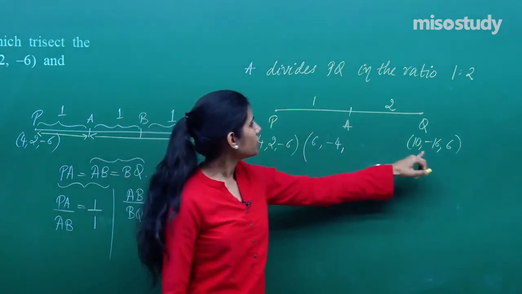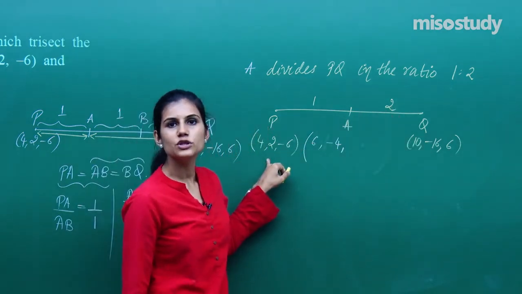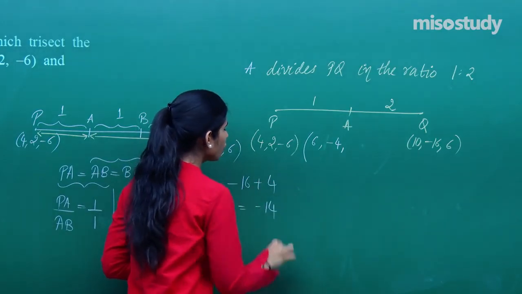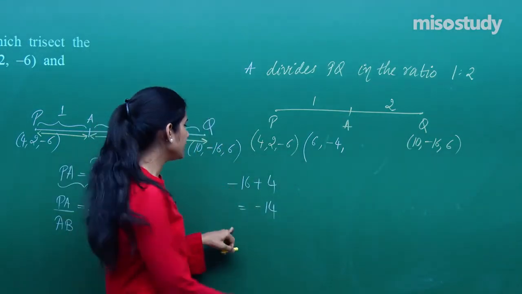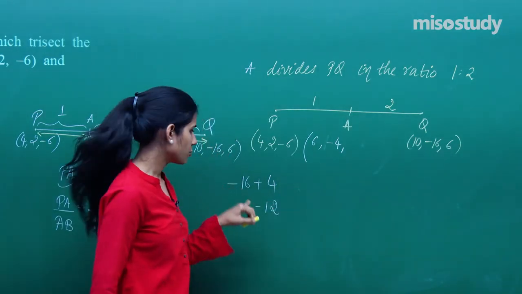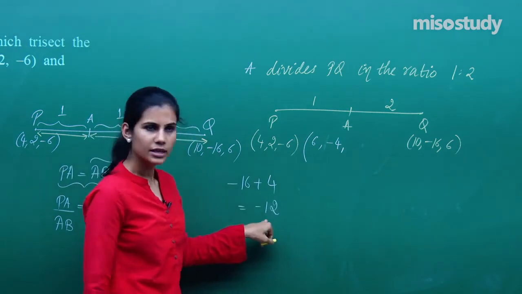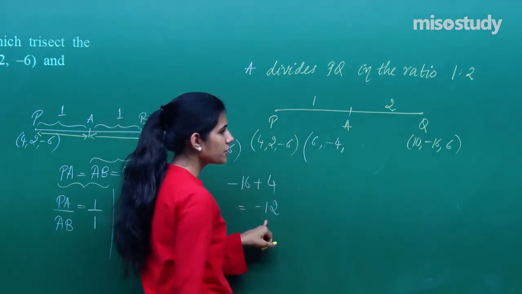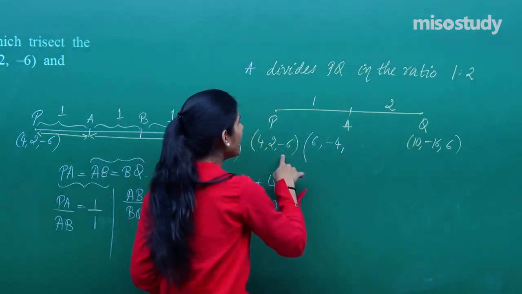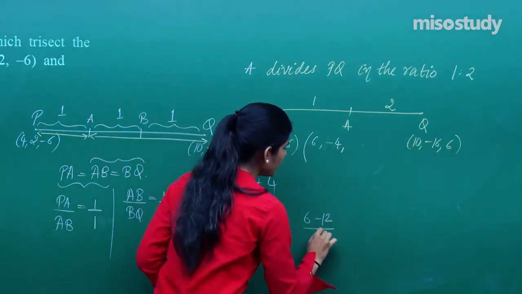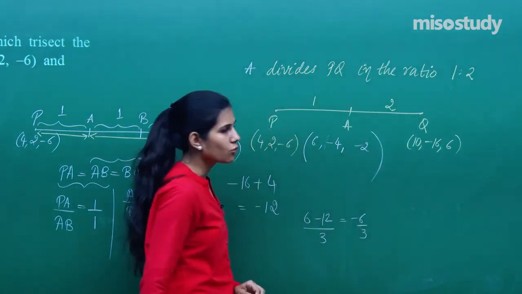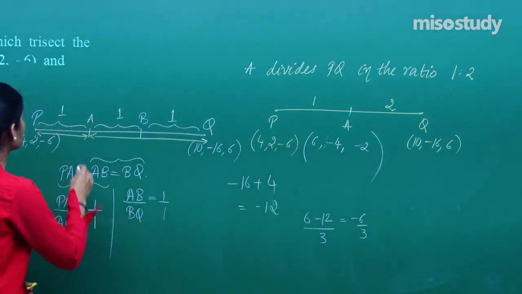Minus 16 plus 4 gives you minus 12, and minus 12 when you divide by 2 plus 1, that is 3, it gives you minus 4. Then you have 6 minus 12 upon 3, that is minus 6 upon 3, which is minus 2. These are the coordinates of point A: 6, minus 4, minus 2.